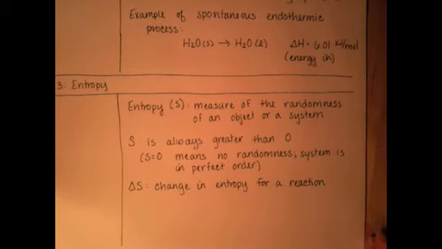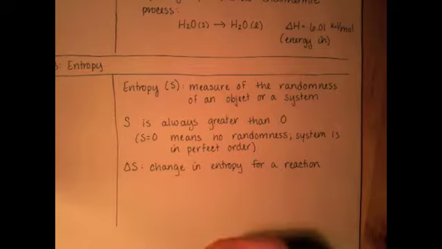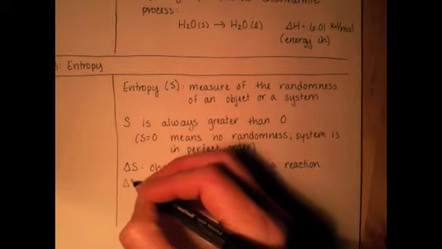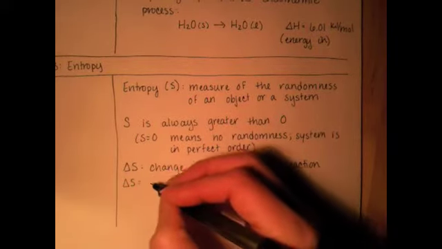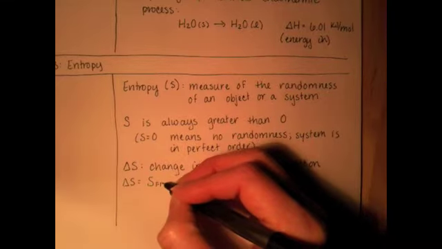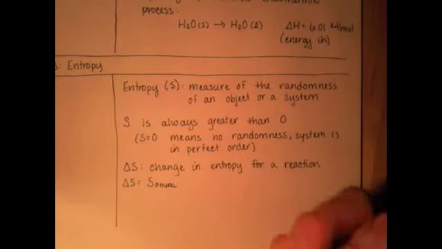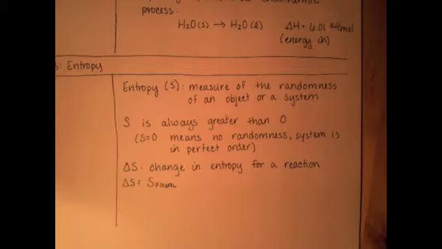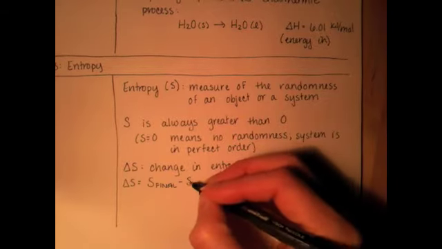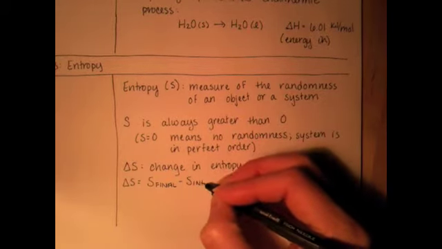And just like any other delta, like a delta H or a delta T, the change in entropy is calculated by taking the entropy of the system at the end of the reaction, and from that subtracting the initial entropy.